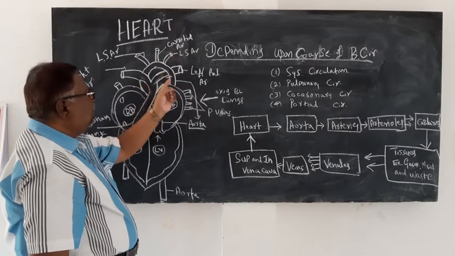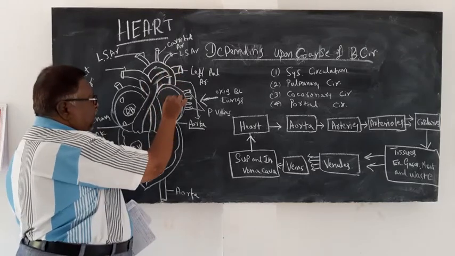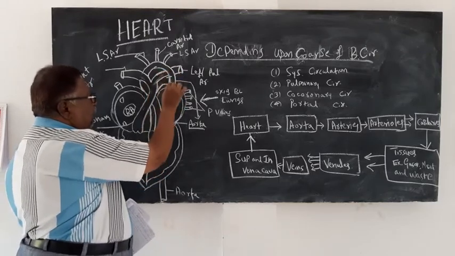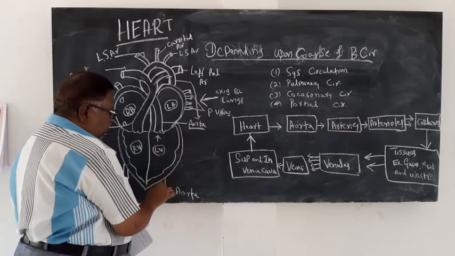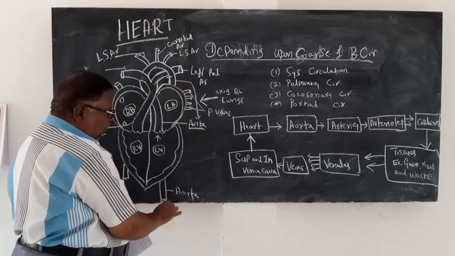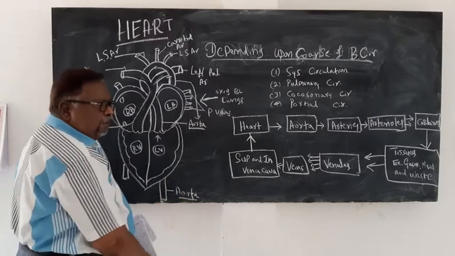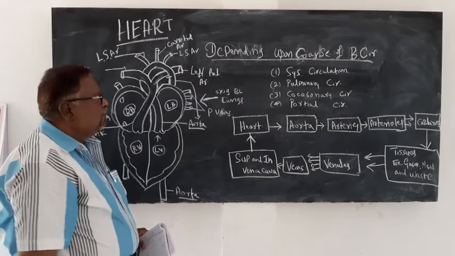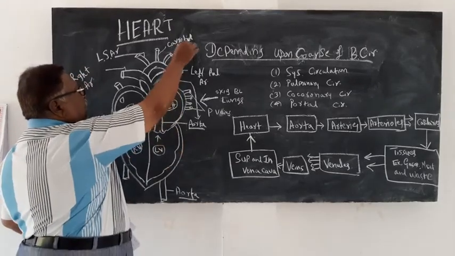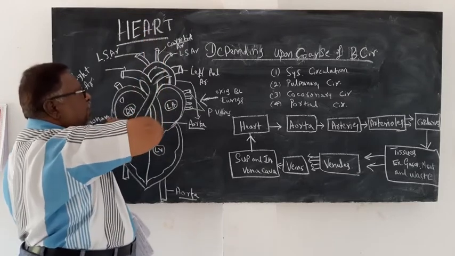Then it takes a turn. It bends back downwards behind the heart, continues behind the heart and comes out in the lower part and moves down to the feet. The carotid artery takes the blood to the brain region or the head region.